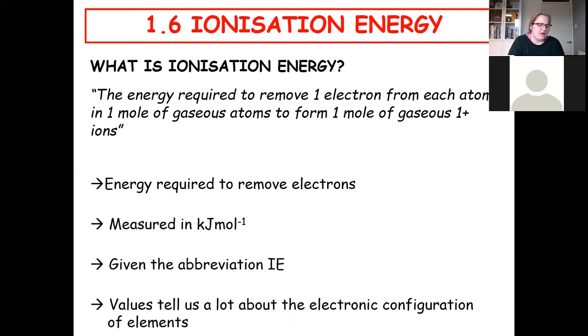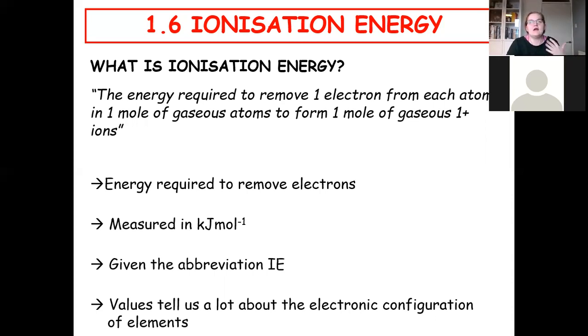Ionization is basically the removal of an electron. We talked about those ionization equations last session. Ionization is the removal of one electron from an atom, and then our products would be an ion and a free electron.